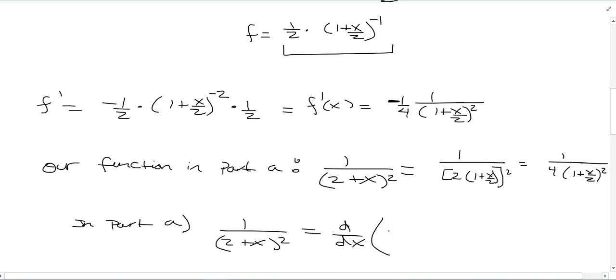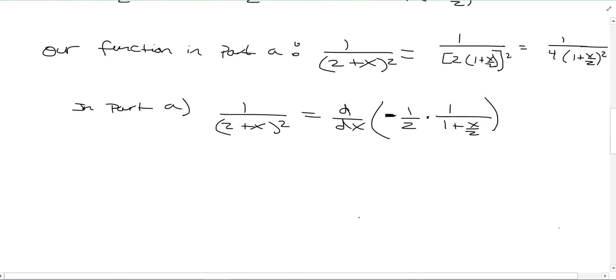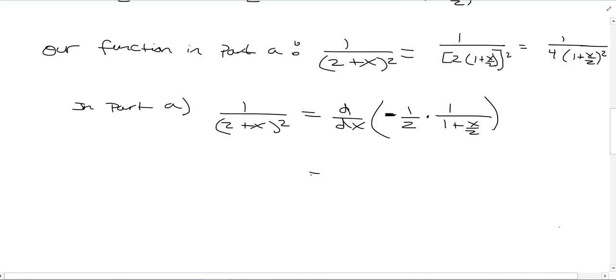So this is really the derivative of negative 1/2, and then my function 1 plus x over 2 to the minus 1. Let me write it the way it fits the power series. Again, this negative is because when I take the derivative of this function, I gain a negative, but my function in part A does not have the negative. So that's just a constant, so we can take the negative out. So it's negative 1/2, the derivative of our function.